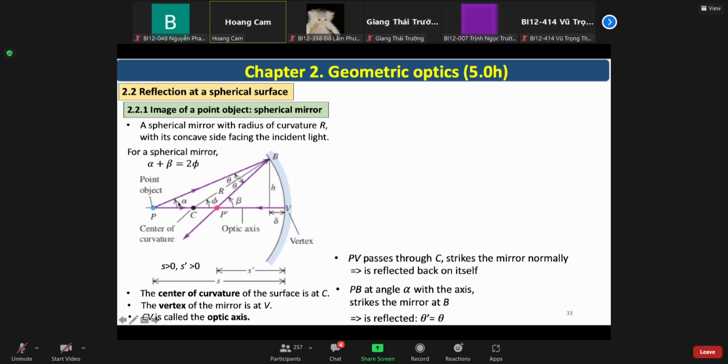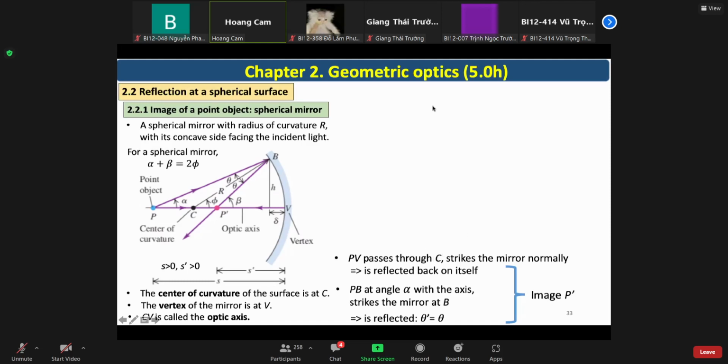And we have the relationship alpha plus beta equal to phi. For the spherical mirror we have this relationship, and the two reflected rays intersect at the point P prime, which is the image.